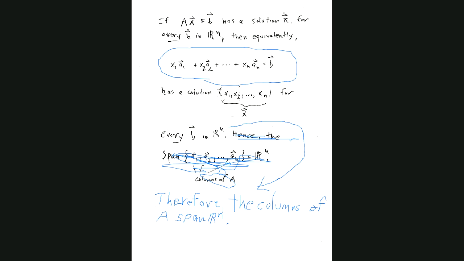The vector B is in R^n space, and we're guaranteed that for any vector B in R^n space, there will be a linear combination of the column vectors of the matrix A that equals B. Therefore, the column vectors of A span R^n.